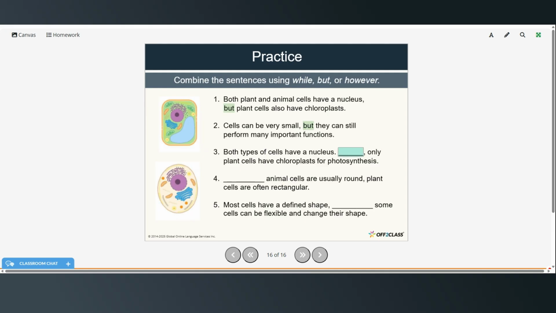Both types of cells have a nucleus. However, only plant cells have chloroplasts for photosynthesis. While animal cells are usually round, plant cells are often rectangular. Most cells have a defined shape, but some cells can be flexible and change their shape.